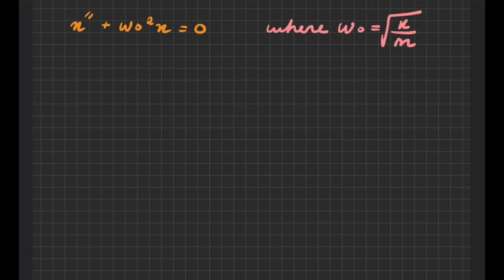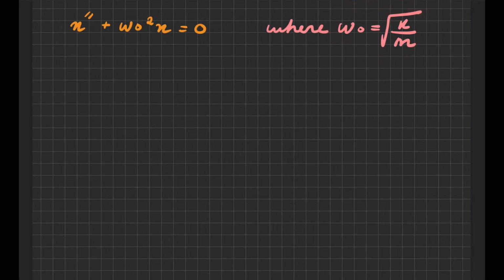Hello again, students. In the last video, we reached this part here where x double prime plus omega 0 square x equals 0. This is our second order differential equation which governs the harmonic motion of the horizontal elastic pendulum, where omega 0 equals radical k over m.